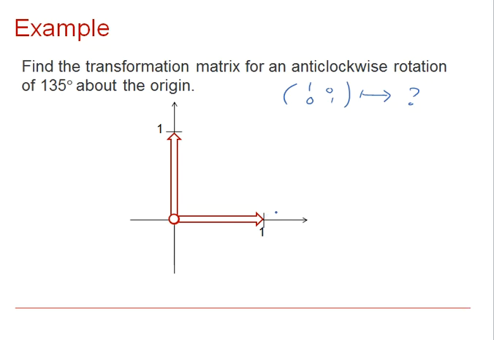If we then think about rotating that point 135 degrees, then we need to use some GCSE trigonometry. Obviously this is 90 degrees, so this will be 45 degrees. Point 0, 1 will also have done 90 degrees plus 45 degrees.